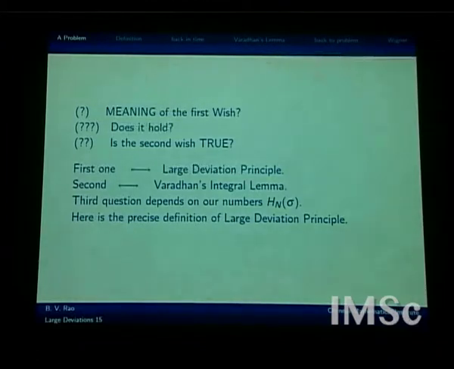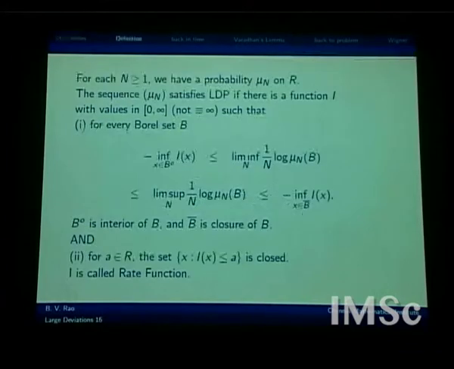Okay. So, the question is, number 1, what do you mean by saying d mu n is like e to the power of minus n I x dx? Okay, here is the definition. Suppose for each n greater than or equal to 1, you have a probability mu n on the real line.